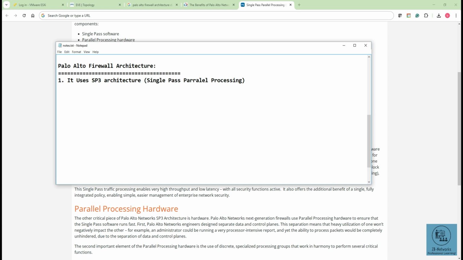Instead of processing your network traffic multiple times for different security functions, as traditional firewalls do, right? So when the traffic ingresses on a traditional firewall, before the traffic leaves that firewall, there are multiple components that the firewall will check the traffic for, right?